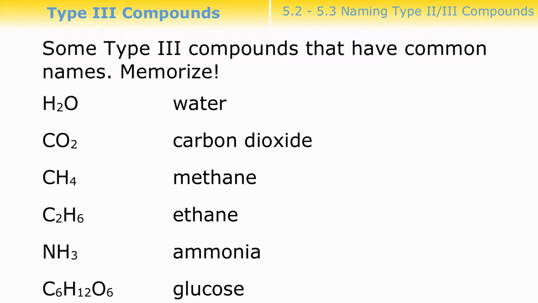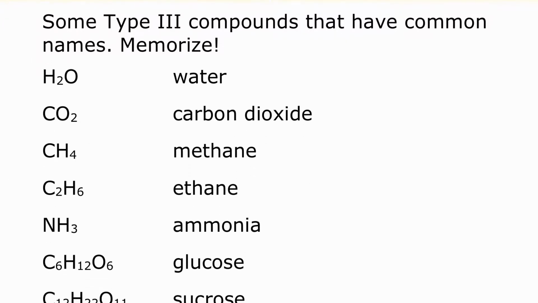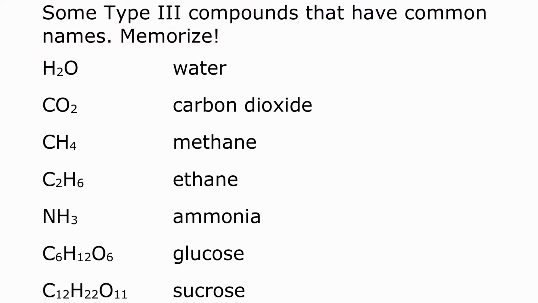Now, there's a bunch of type 3 compounds that don't really follow a normal way of naming things. Some of them do, but they're ones that you probably need to memorize. Here are some type 3 compounds, like H2O. We could call that dihydrogen oxide, but typically we call it water. Or carbon dioxide, CH4 is methane, ethane, NH3 is ammonia, C6H12O6 glucose, C12H22O11 is sucrose.